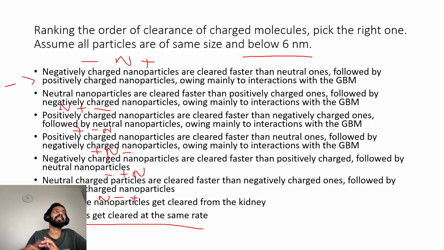So essentially, they're asking us to pick the correct one. Is it the case that negatively charged particles get eliminated the fastest, followed by neutral, and at last the positively charged particles get slowly eliminated, or one of the several scenarios?